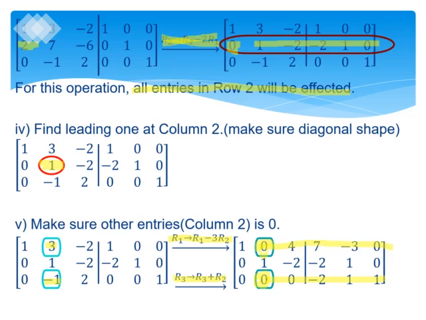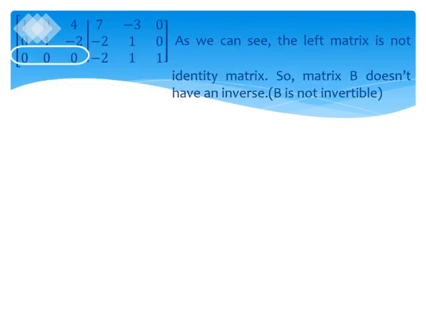Next step, find leading one for column 3. But we don't have one here. So how? We can see this is 0.